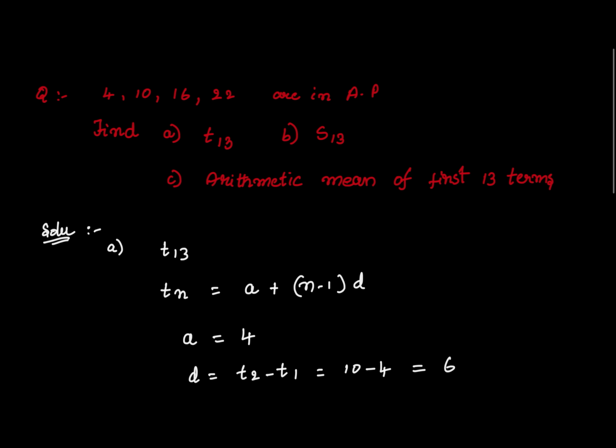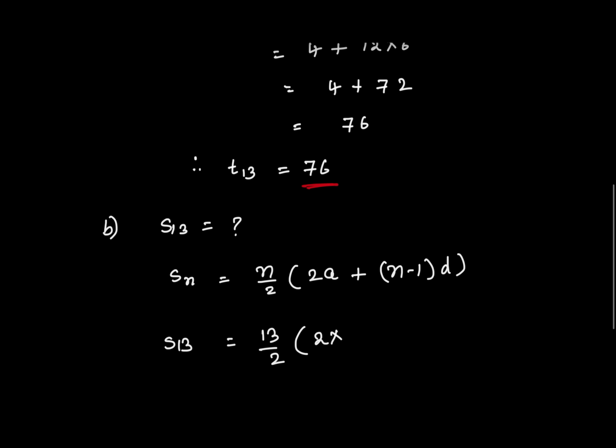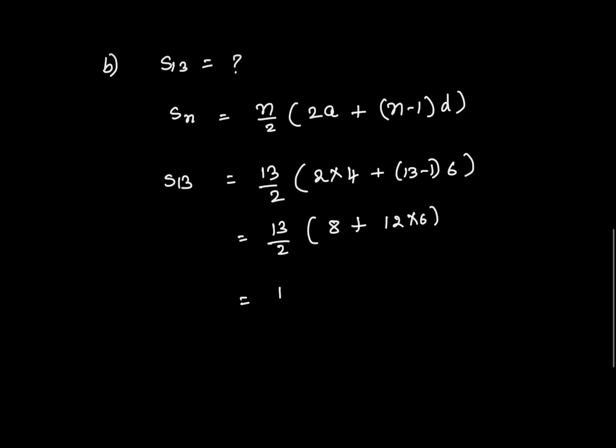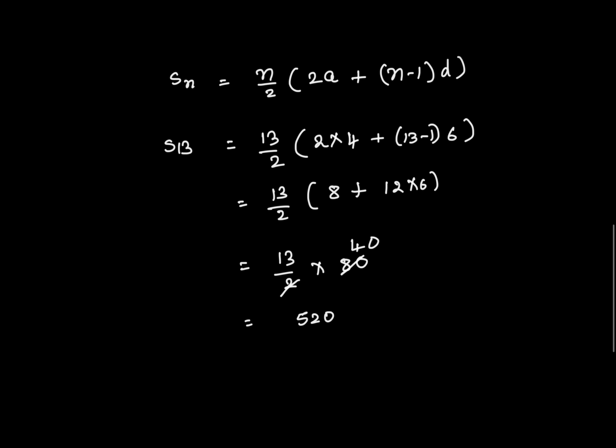A is 4 and d is 6. 4 plus 13 minus 1 into 6 equals 13 by 2 into 8 plus 12 into 6, which is 13 by 2 into 80, that is 40. So 13 into 40 is 520. Therefore S13 equals 520.